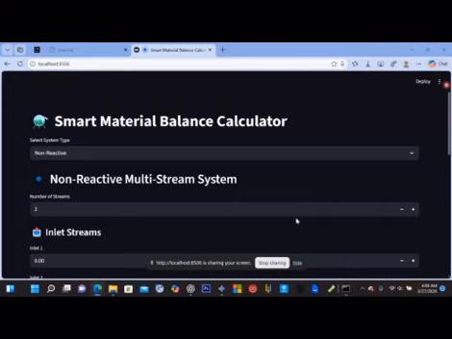The core engine of this calculator uses smart algorithms to ensure that reactive and non-reactive systems are solved automatically.